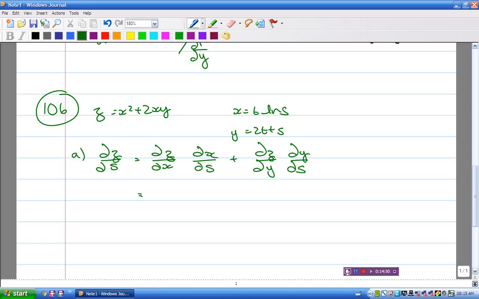We differentiate z with respect to the variables that are actually explicitly in the expression, which are x and y. And then we multiply by the derivative of that variable with respect to the one that we're really interested in, which is s. Okay, so dz by dx is 2x plus 2y, times t over s. dz by dy, 2x, dy by ds, 1.